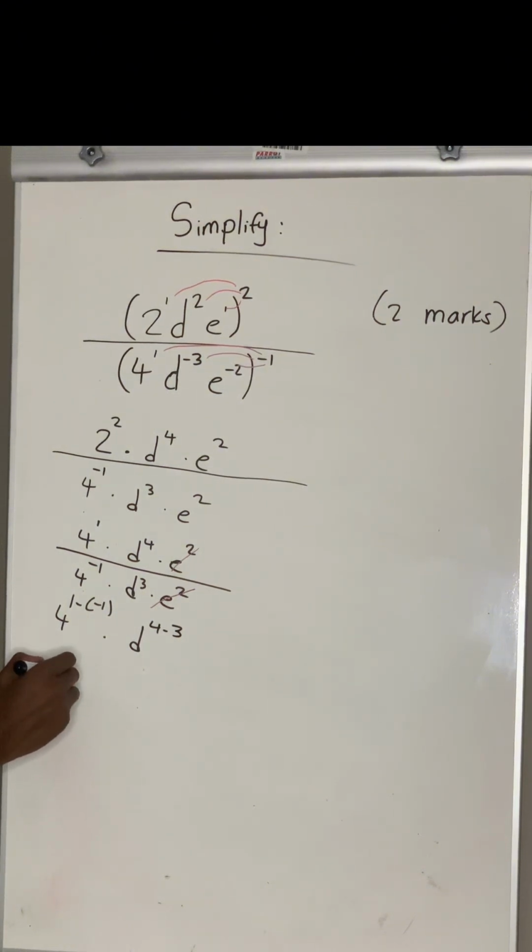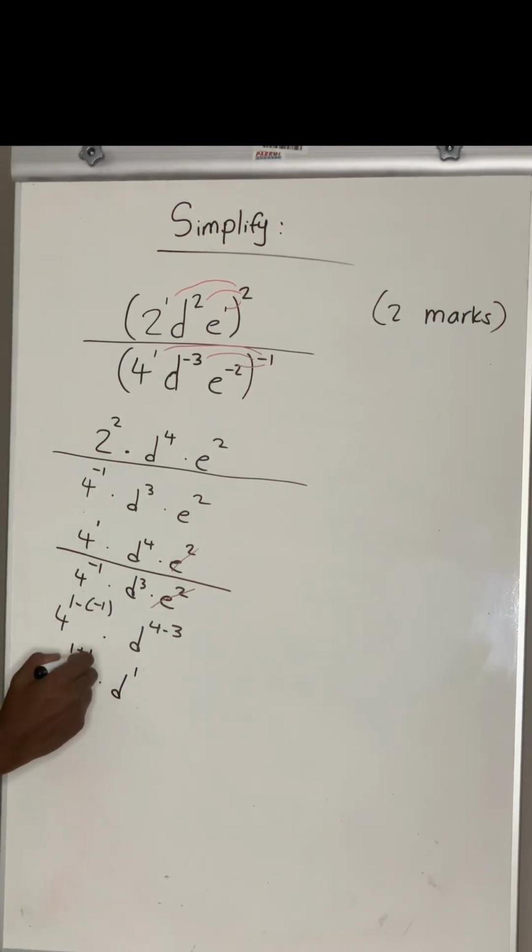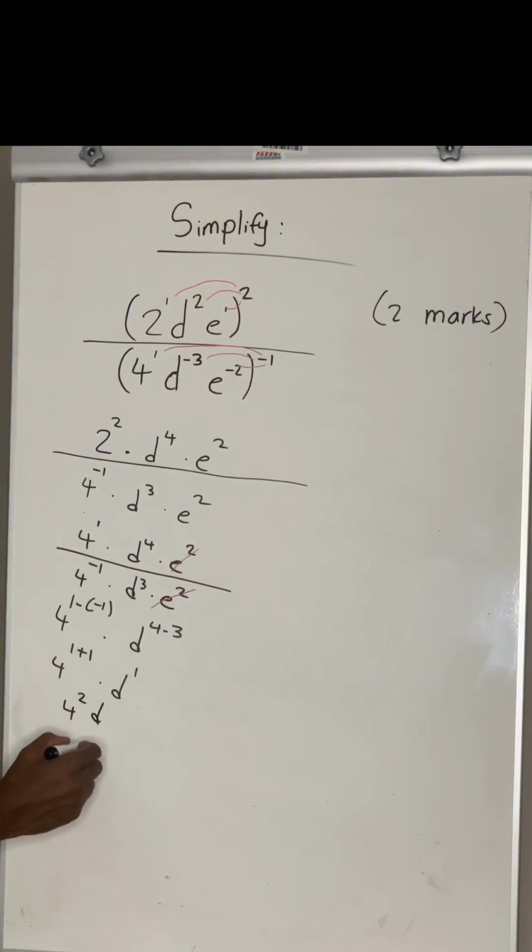So it's 4 exponent 1 minus negative 1, which is 1 plus 1, times d exponent 1. 1 plus 1 is simply 2. So it's 4 squared times d. And then finally, 4 squared, if you punch it on the calculator, is 16d.